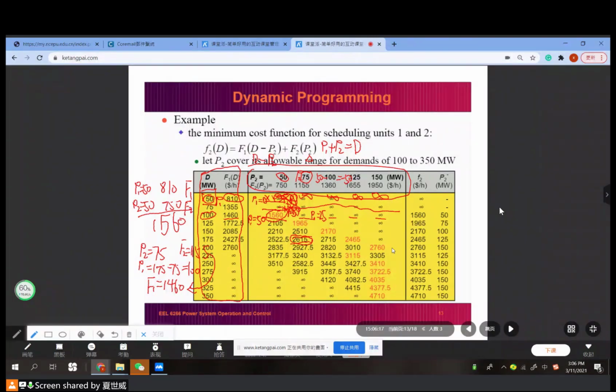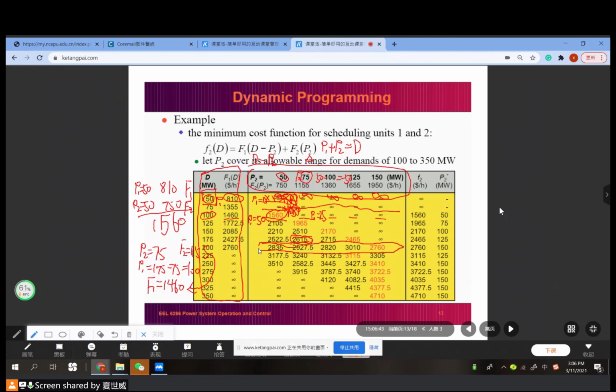For example, for this row, what's the meaning of this row? That means you want to support a total load of 200, but you have many choices. I want to analyze this row.